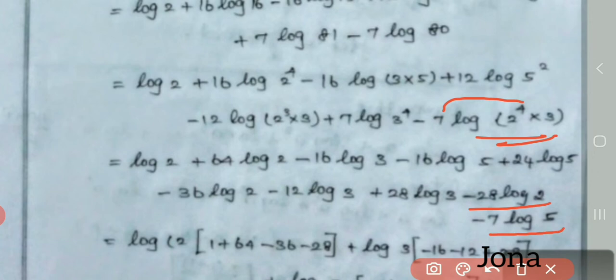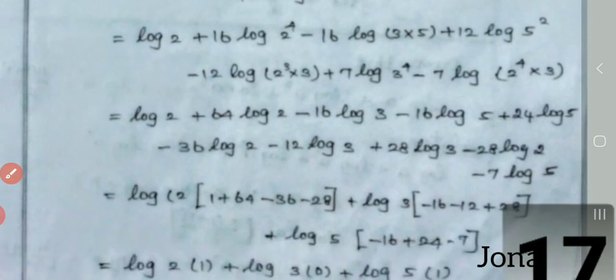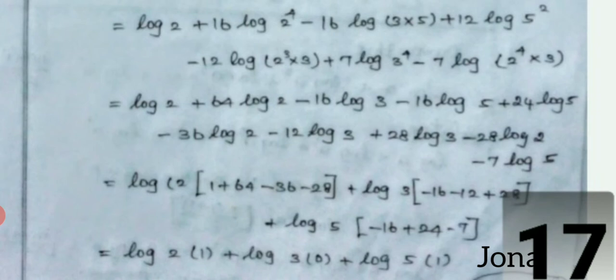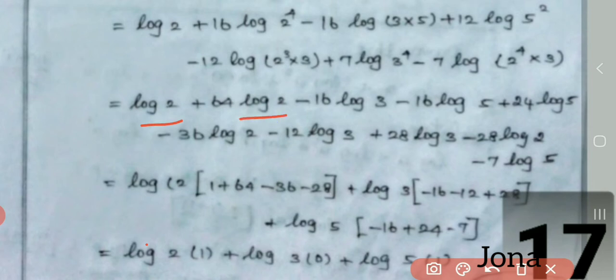Okay, and then next I can group the terms there. How to group this? Log 2. So how many log 2's are there here? I want to group the log 2 terms here and even here. So take log 2 there. So this is 1 and here 64 and then next 36 and the last one is minus 28.